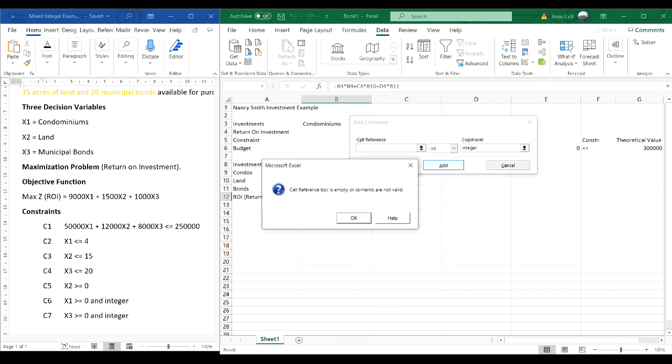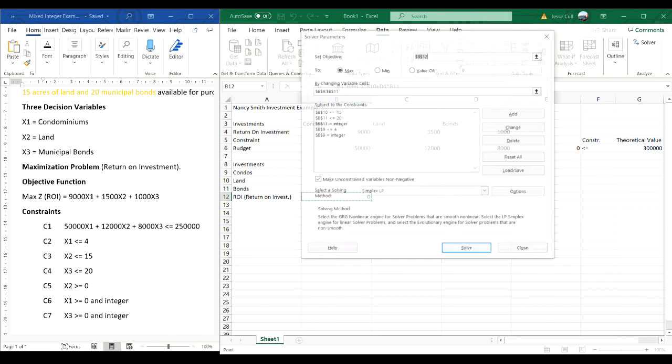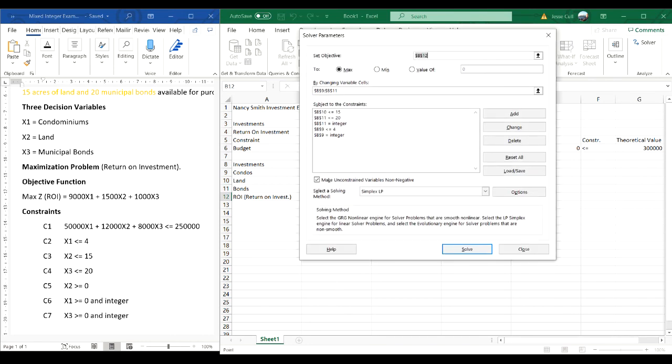We also know B9 must be an integer, so we add that. We also know bonds, B11 must be an integer, and we saw that down here. So we hit OK again. So now we have 5 of our different constraints. We're going to ignore constraint number 5 because it's pretty worthless. It doesn't actually do anything. We just put it in for completion's sake.